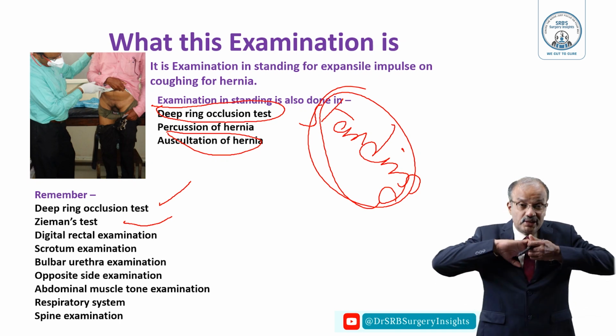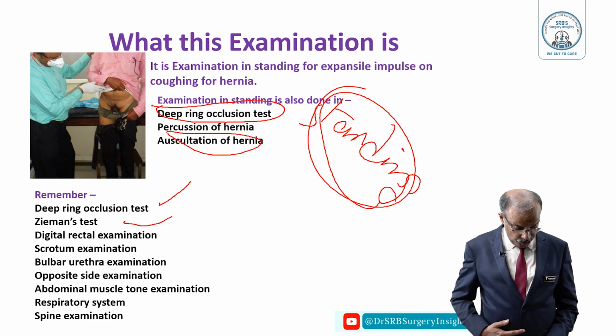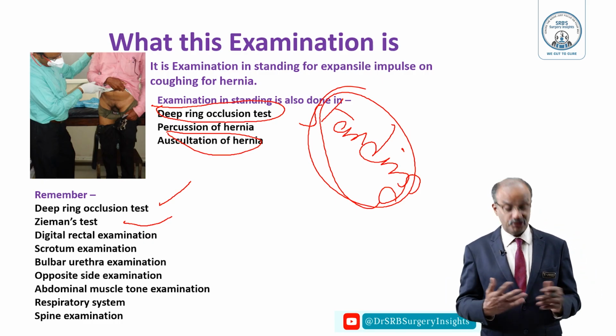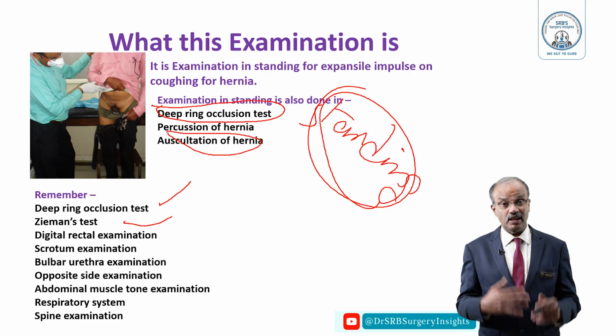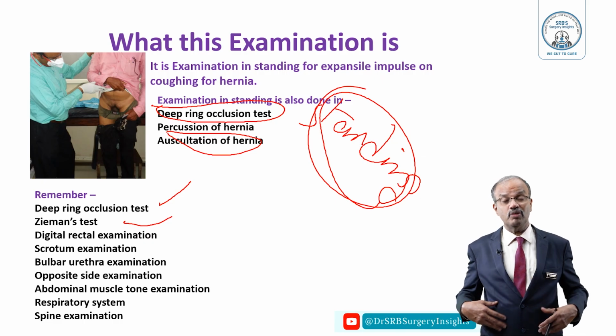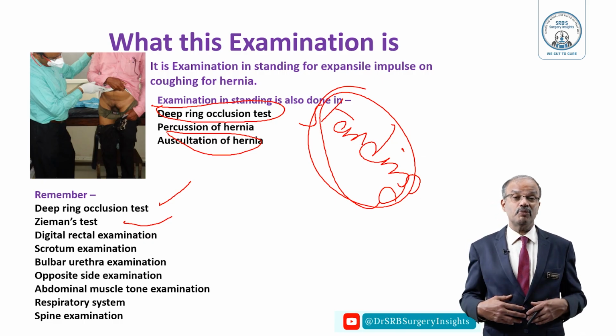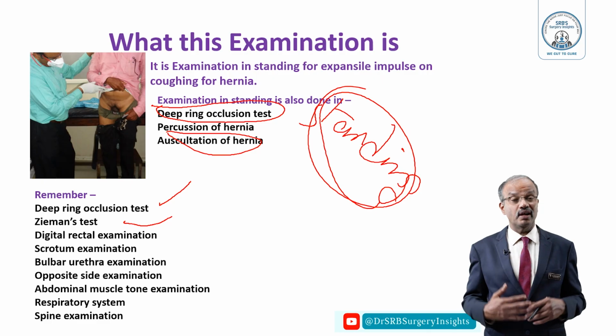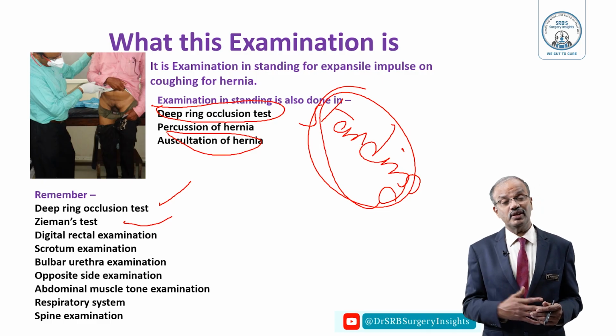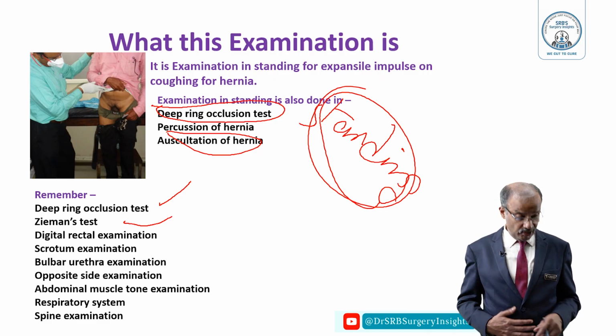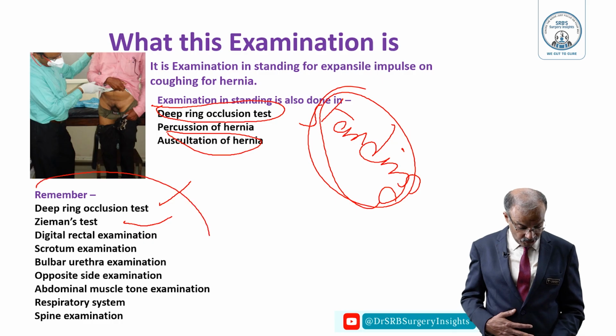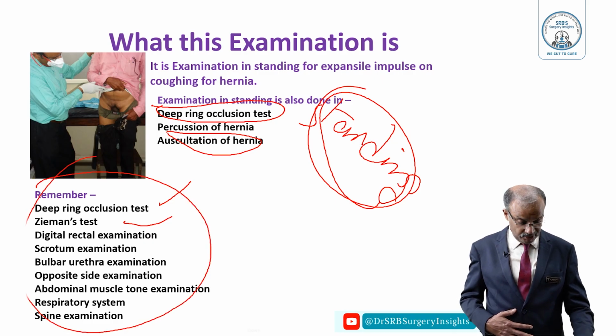And respiratory system is important: bronchitis, tuberculosis, asthma. Spine examination, spine deformity may weaken the abdominal muscle and may cause hernia. Abdomen examination, ascites weakens the muscle and hernia can occur. Like umbilical hernia is common in ascites, same thing, they can cause groin hernia also. So all these examinations are very important in these patients.